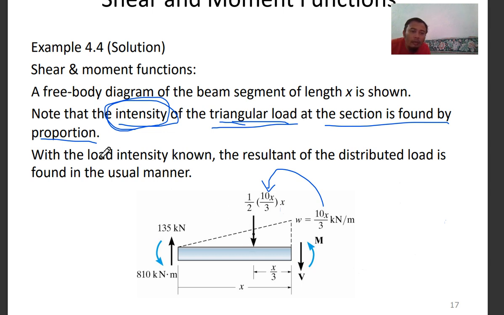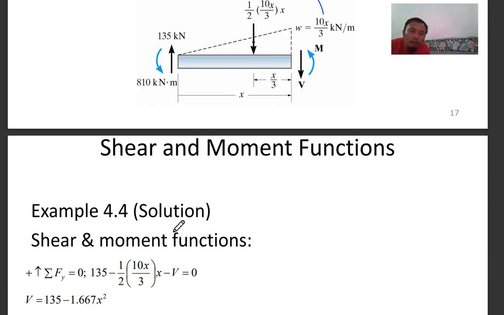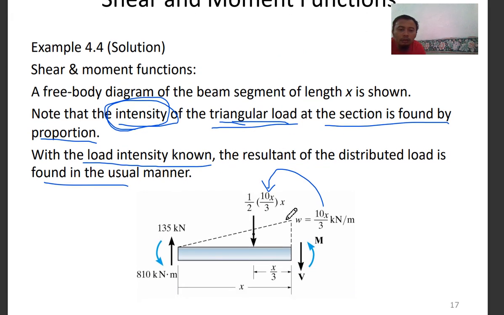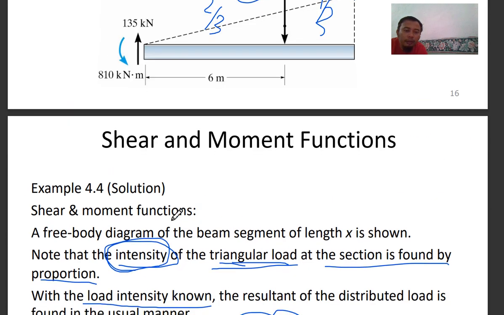So with the load intensity known, the resultant of the distributed load is found in the usual manner, summation of y, summation of x. So you can find your resultant distributed load. But we need to find the reaction. So the reaction has been calculated.